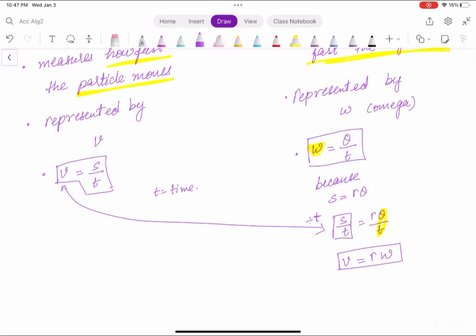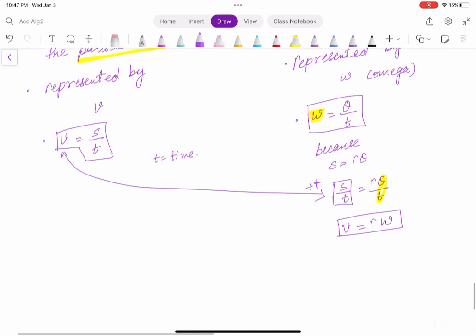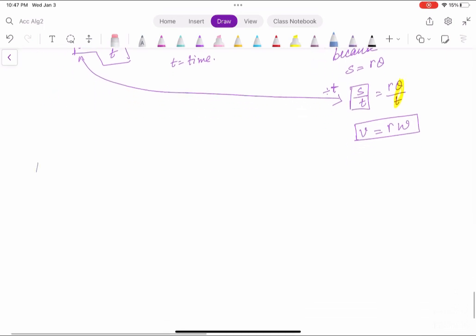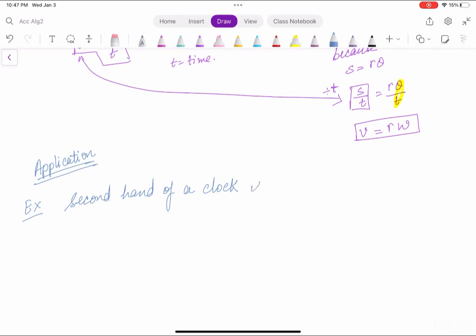Let's take some application problems. So write down the problem. The second hand of a clock is 8 centimeters long, that is given.